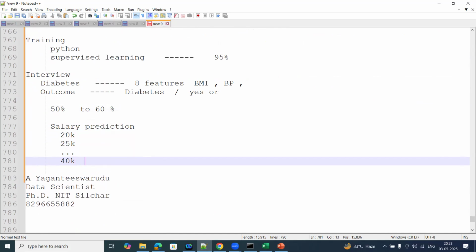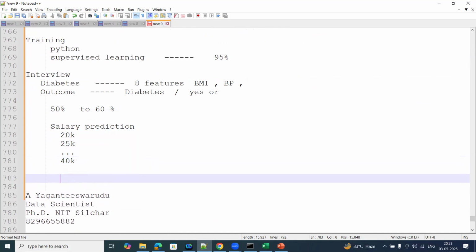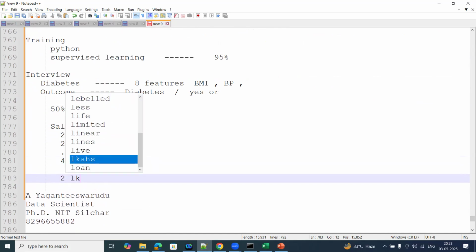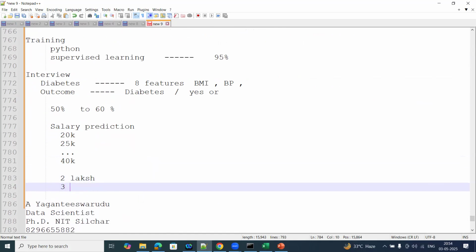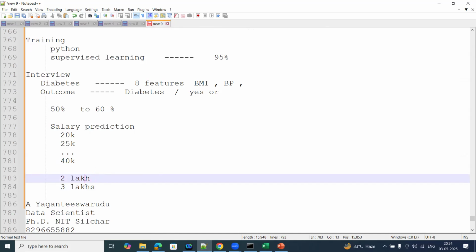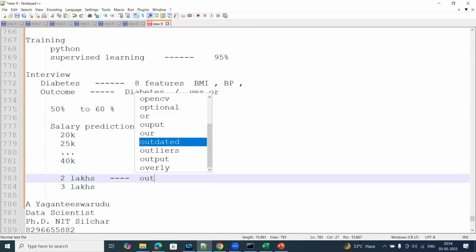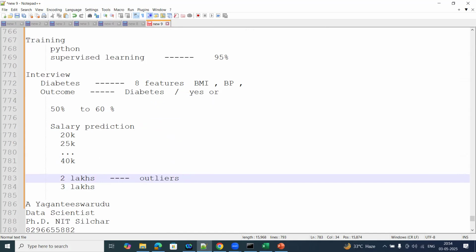A few, some 10 or 20, 30 records, have a salary of 1 lakh, 2 lakhs or 3 lakhs. So these are called outliers because very few records have such salaries. There is a huge difference between 20,000 and 2 lakhs, between the salary of a fresher and someone with 10 or 20 years of experience.